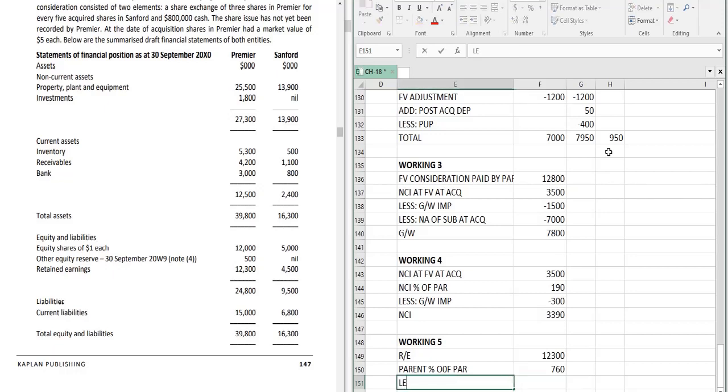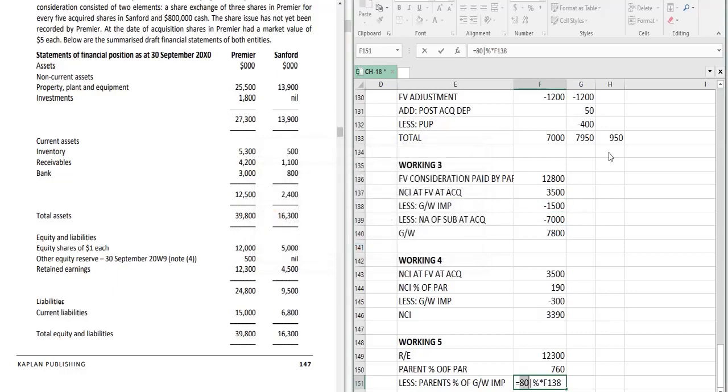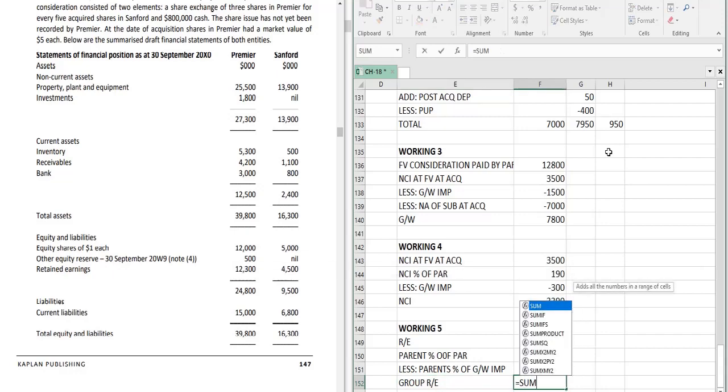Is there anything else to be deducted from here? So we now have group retained earnings. We will just add all these amounts.